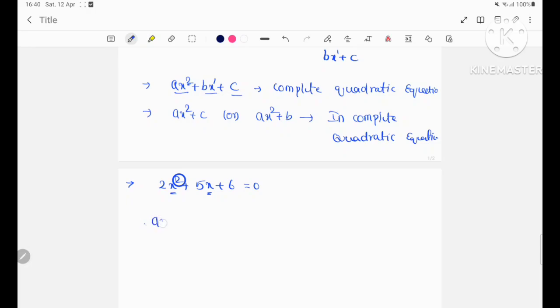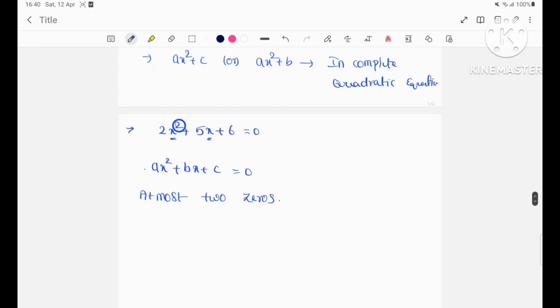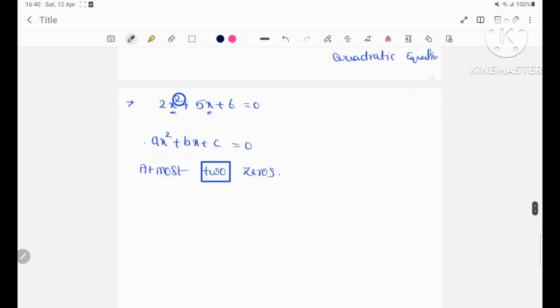For ax square plus bx plus c equal to 0, at most 2 zeros. That means 1 zero is possible, 2 zeros are possible, or no zeros is also possible. But the highest number of zeros is 2.